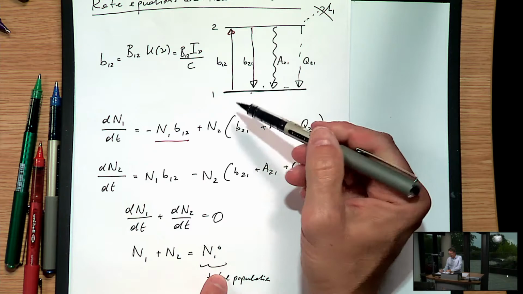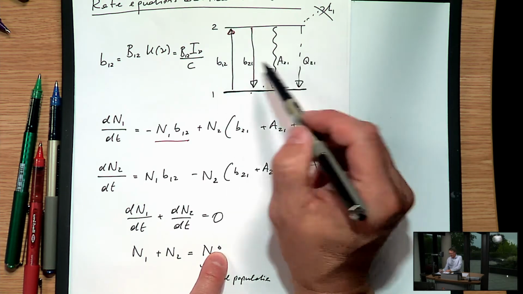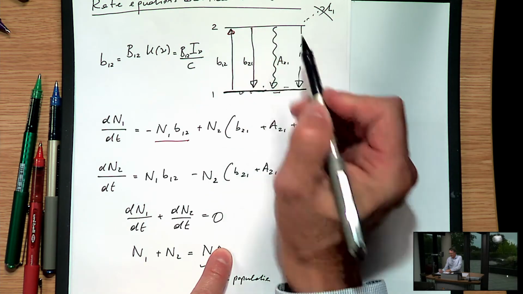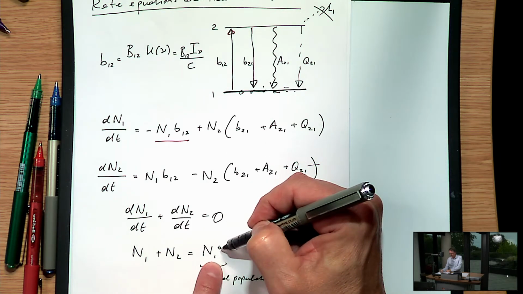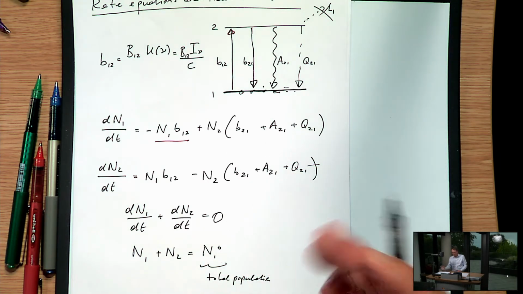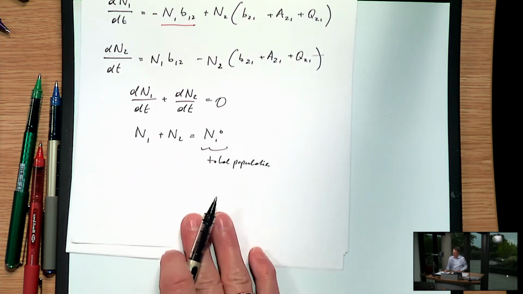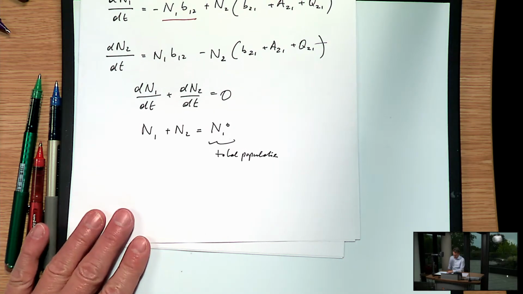That's the population in the lower level prior to exciting, prior to putting light on it, because we said everything will be down in that ground state, nothing will be in the upper state. All the molecules will be down there at t equals 0. Okay, so at t equals 0 we switch the light on, and then we cycle this population around. So you can integrate now.